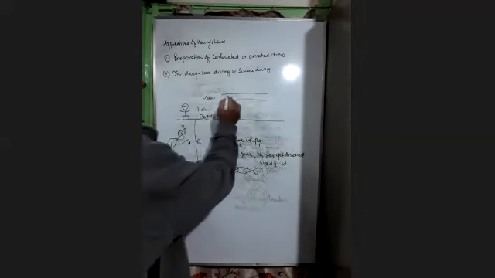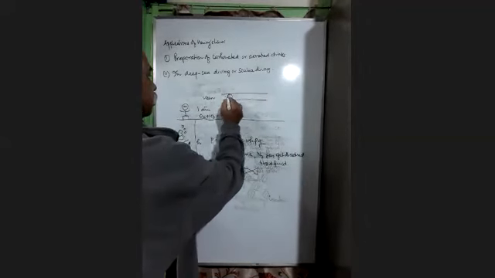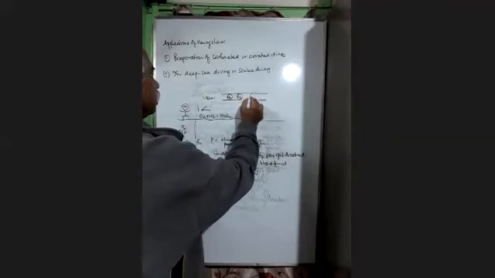When you open it, the bubbles start coming out from the water. So when he starts coming up, the pressure decreases. Then the nitrogen which is dissolved in the water comes out in the form of bubbles.